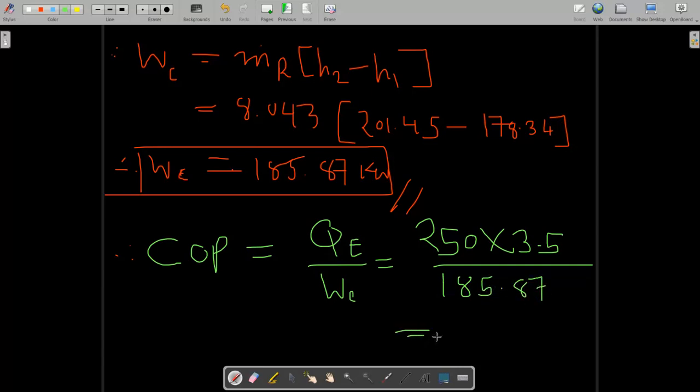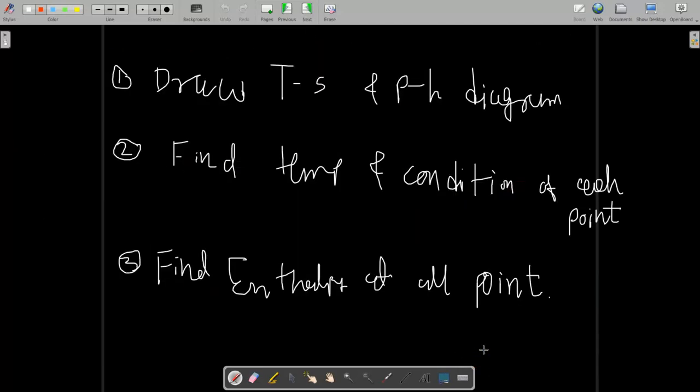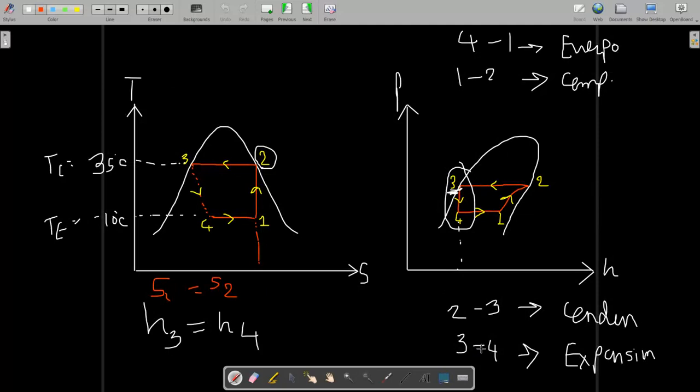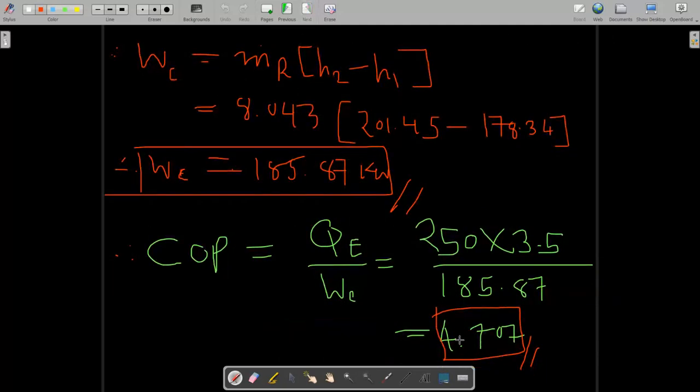When you solve this, you will find 4.707 is the actual COP. This is the answer to your third question. If you follow these three steps, you can find all the questions very easily. If you don't follow, you might get stuck somewhere in between the question.